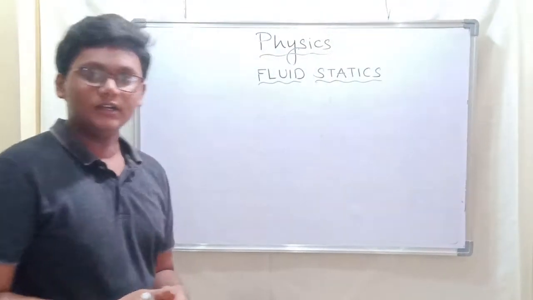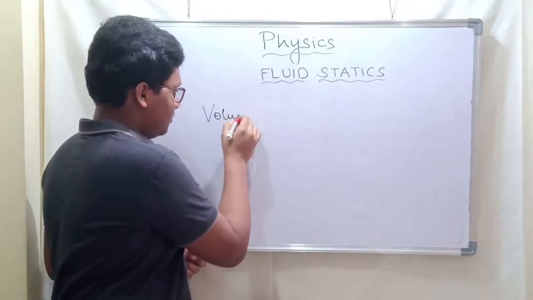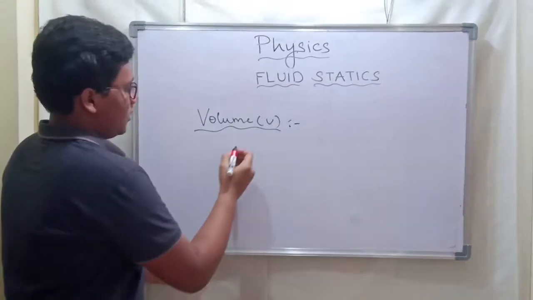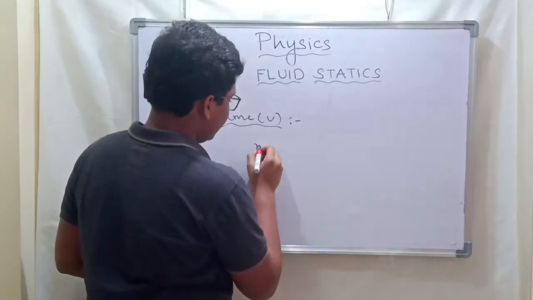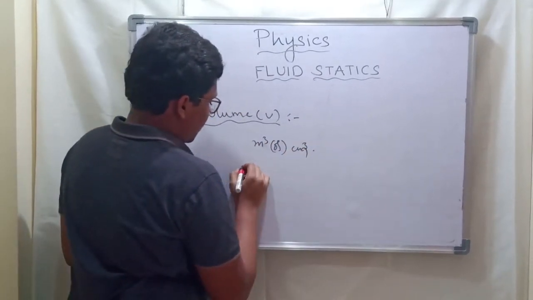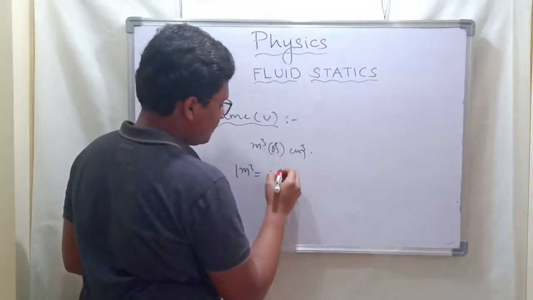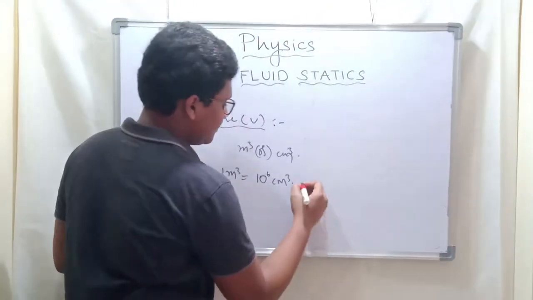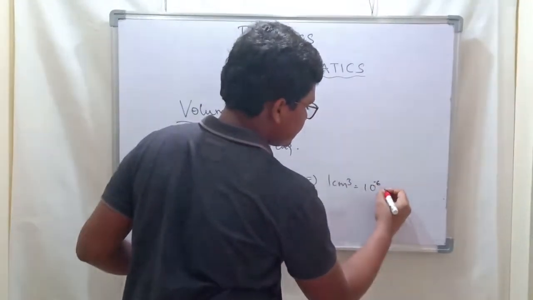Now I will explain the units of measurement of volume. Volume is measured in meter cube or centimeter cube. 1 meter cube is equal to 10 power 6 centimeter cube, and 1 centimeter cube is equal to 10 power minus 6 meter cube.